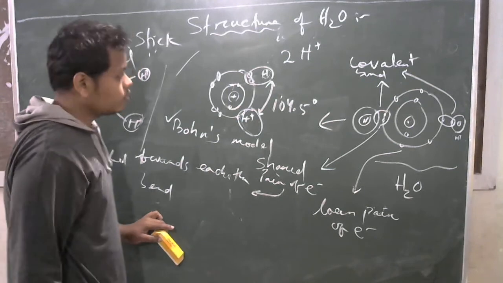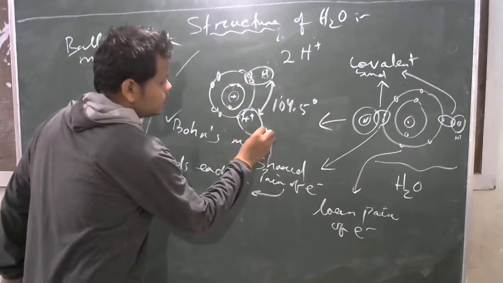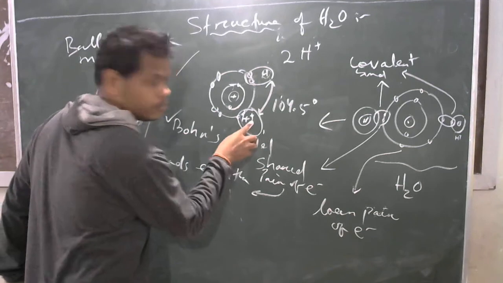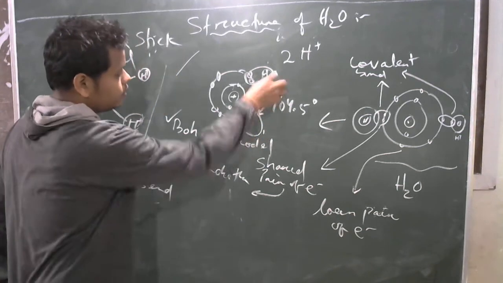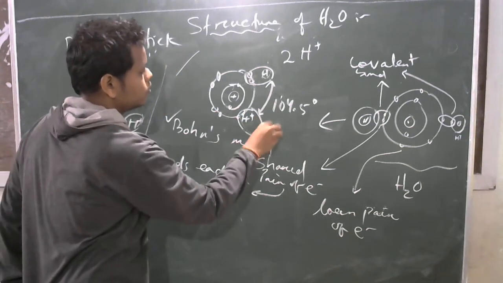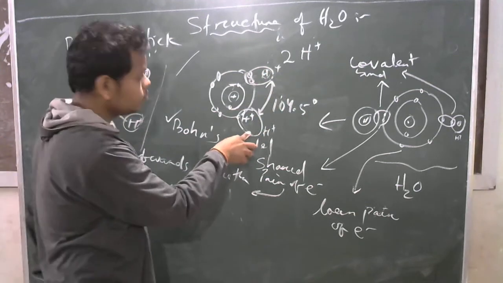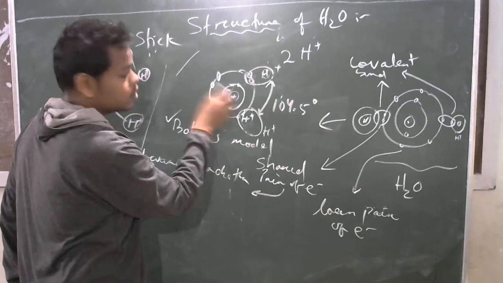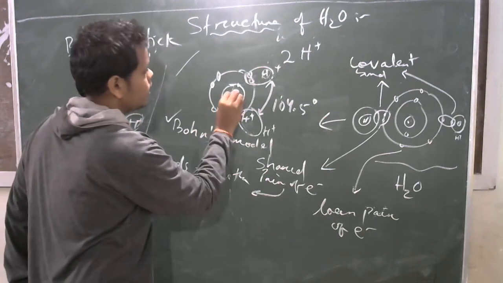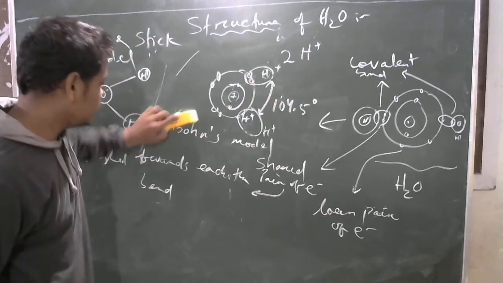That's why a positive charge is developed on hydrogen at one end. This end acts as positive because the hydrogen end acts as positive, and at the other end the oxygen atom acts as negative.